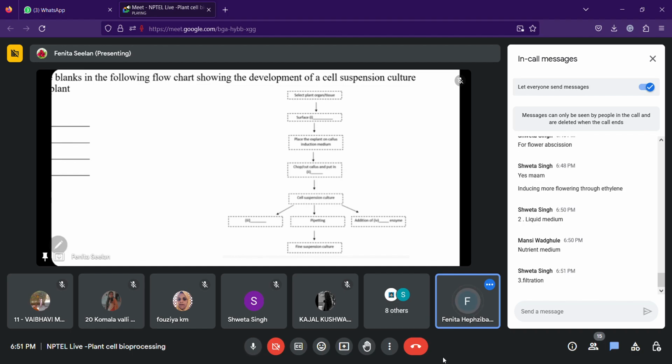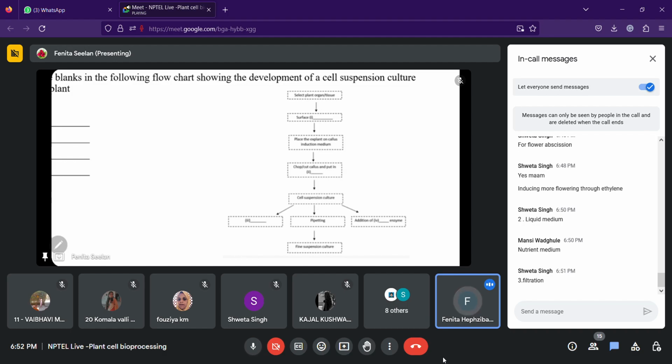Addition of what enzyme? What enzyme will you add?